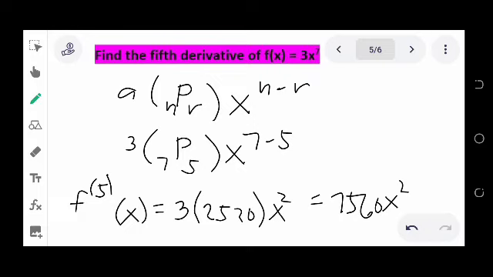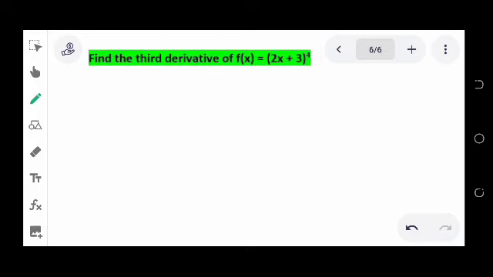Next, the last example, you have the third derivative of f of x equals 2x plus 3 raised to the power of 4. So this now has the form of ax plus b to the n.